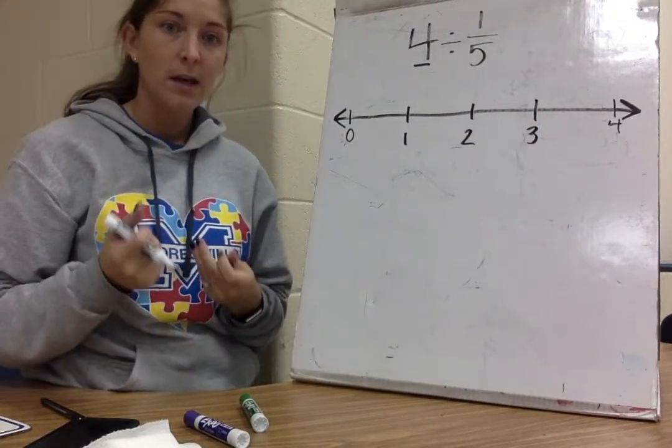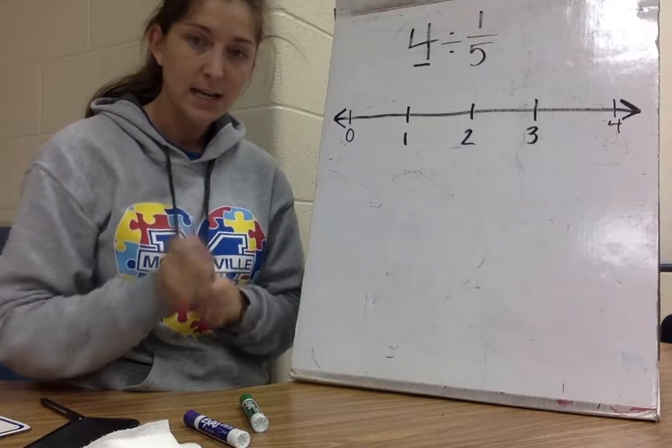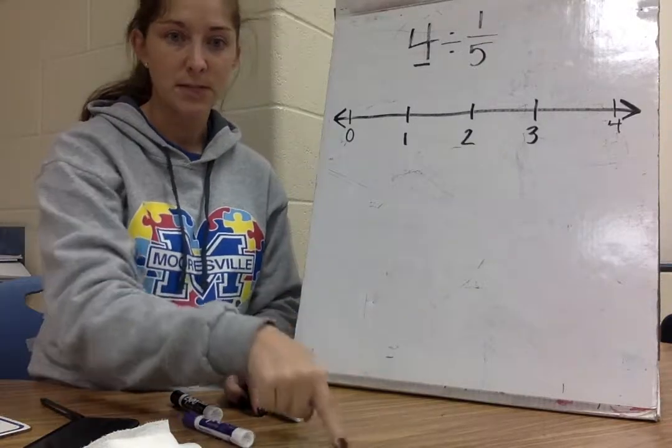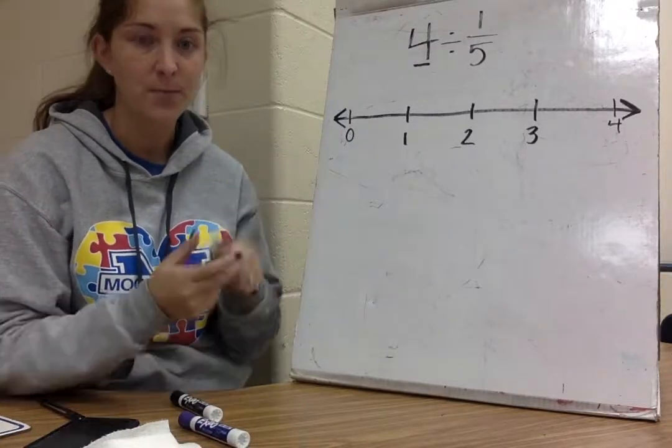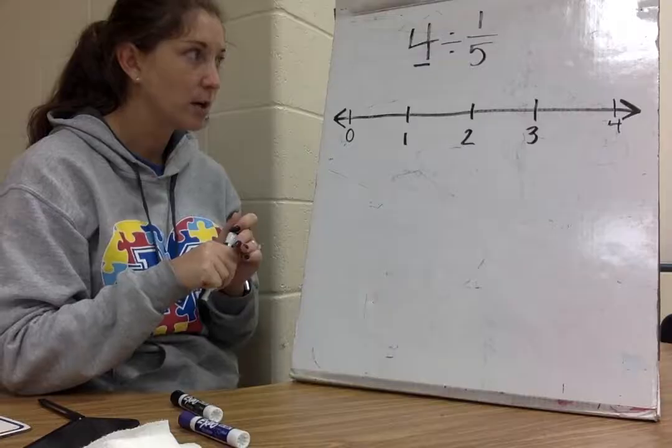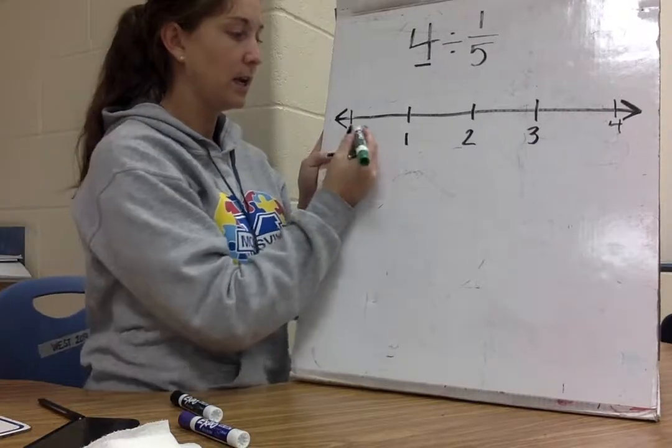Okay? Now, just like I did in my area model where I took my rectangles and split them into fifths, I have to cut my number line into fifths as well. So, with my green marker, I'm going to go ahead and cut it into fifths.